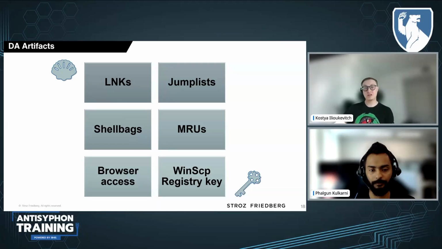MRUs, browser access, for example, if a user opens up a PDF within a specific browser. Lastly, we also do look into WinSCP registry keys for any remote access, but more importantly, it's very commonly used for data exfiltration. So it's something nice to have rolled up all in one output.